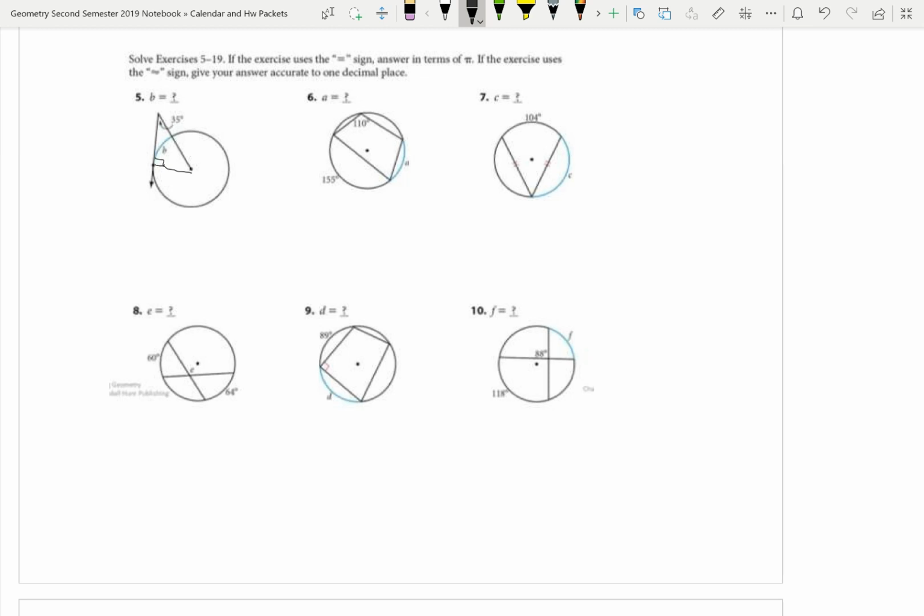And so B is going to be 180 minus 35 minus 90, which equals 55 degrees, because the central angle equals its intercepted arc.